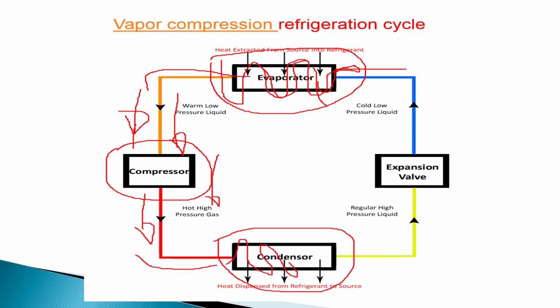Condenser coils pass through, wherein the high temperature, high pressure refrigerant loses heat to the atmospheric air. Air passes through here, the refrigerant gets cooled down, and coming out is a liquid at a higher temperature.